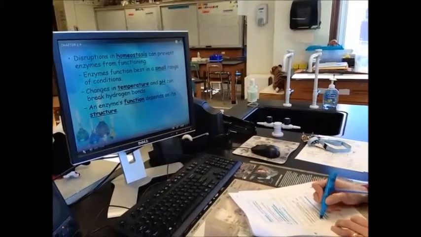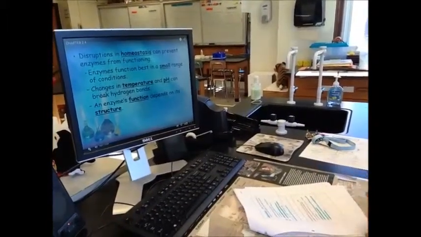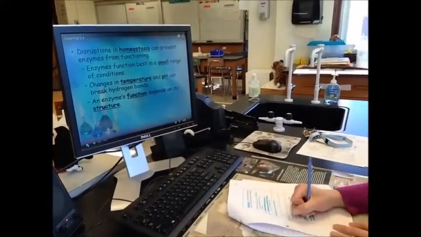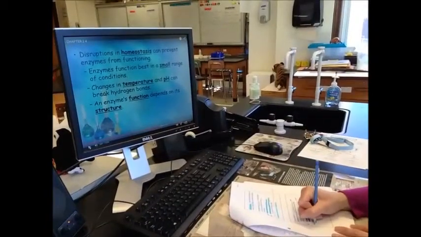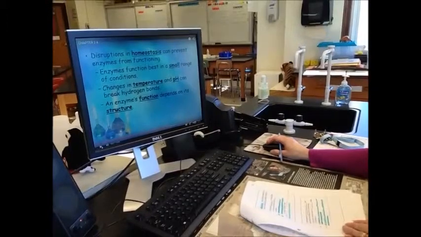I really think that I need to write that down because those are two key factors that are going to affect the function of my enzyme. So I'm going to put stars next to these because these are two pieces of information I'm definitely going to need to know. And it was stressed in the video.